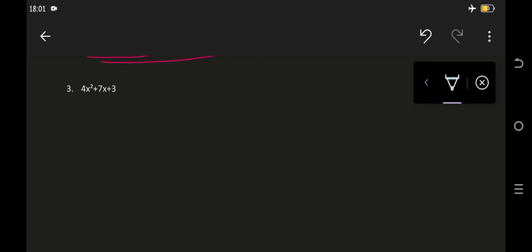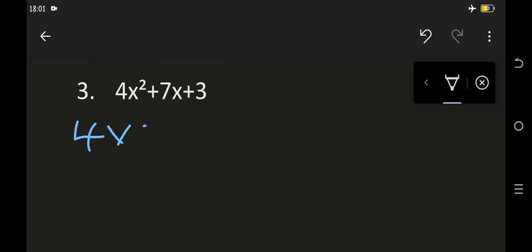So we are just going to proceed to look for numbers such that when you multiply them, you will get 4 times 3, which is 12, and if you add them, you're going to get 7. Remember the product is coming from the coefficient of x squared and this last number here, 3.